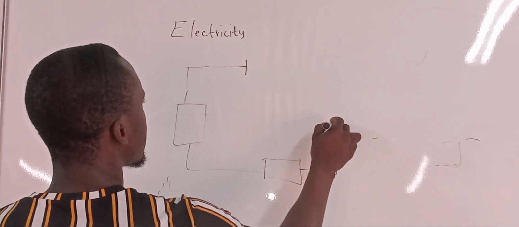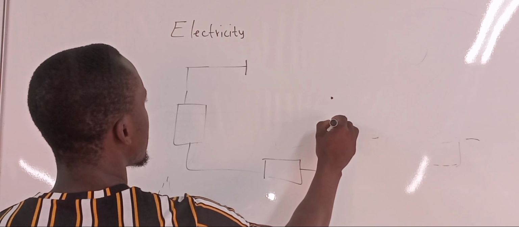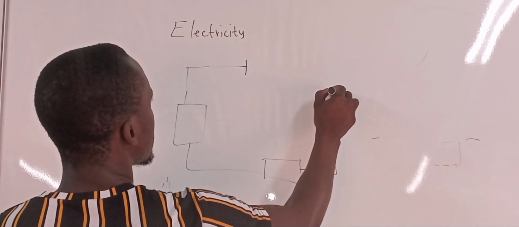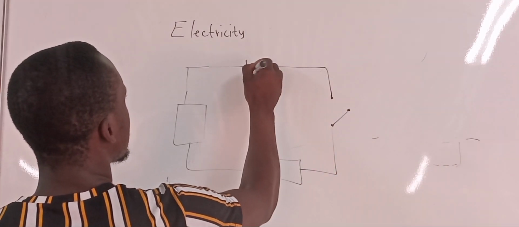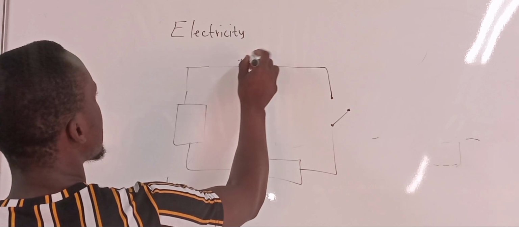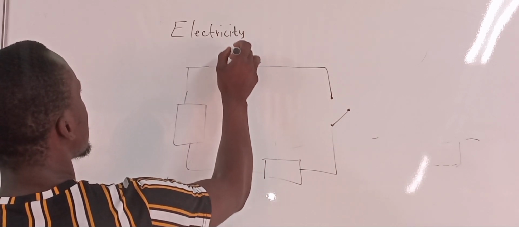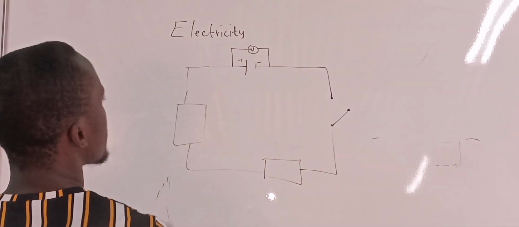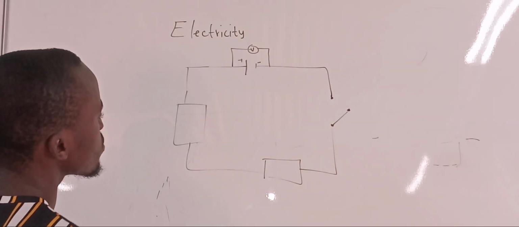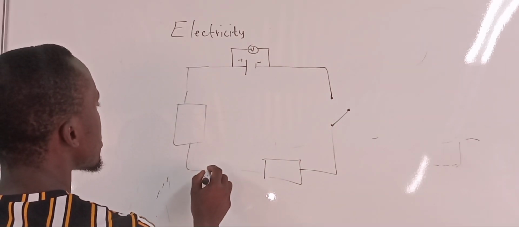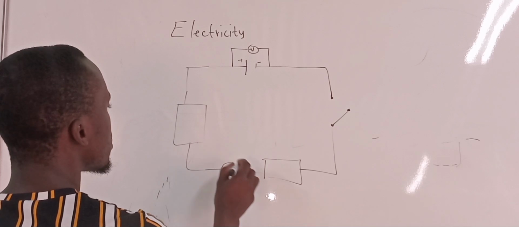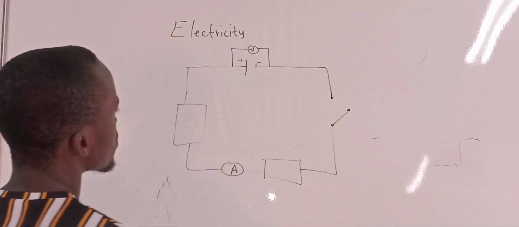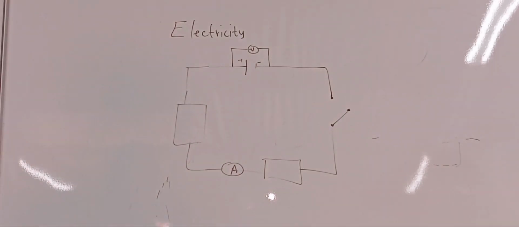Positive terminal and the negative terminal. So this is how a circuit looks like. Or I can put an ammeter here. So this is how a circuit looks like.